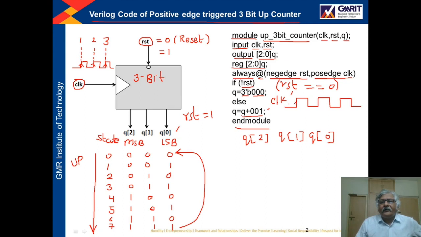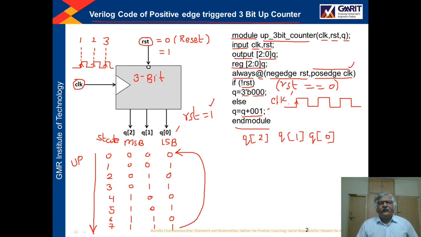So when the positive edge comes on the clock signal, what will happen? Due to posedge CLK, the event on CLK is detected, so the always block will be activated. And once the always block is activated, first the condition if RST is equal to 0 will be tested.